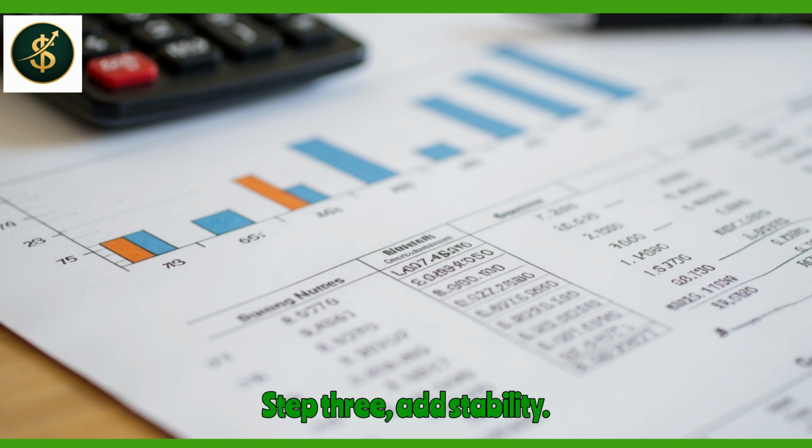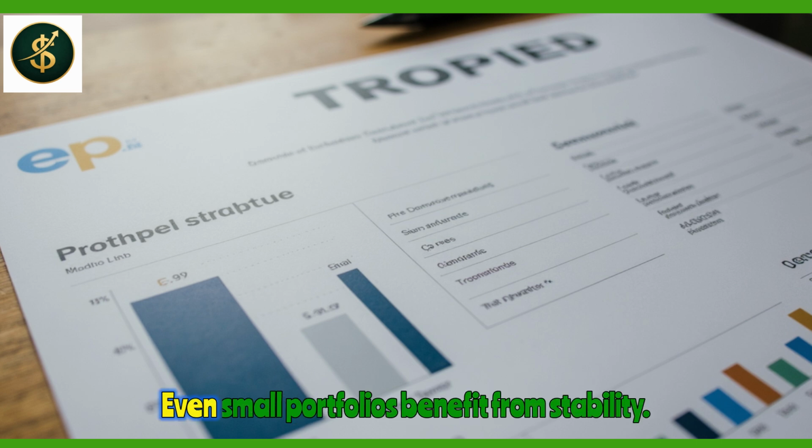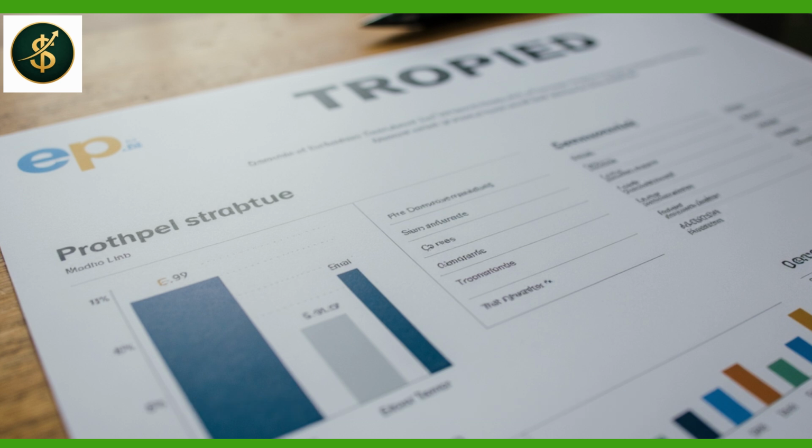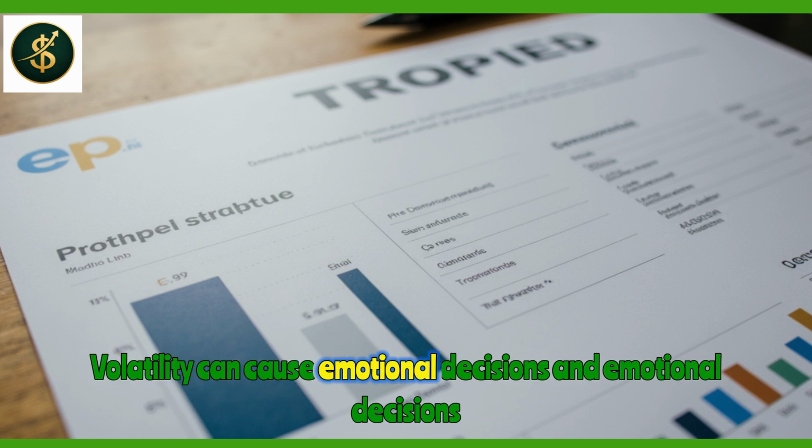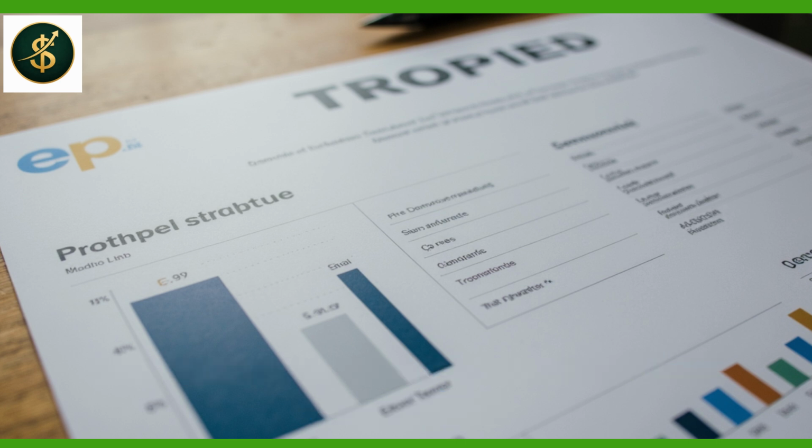Step three, add stability. Even small portfolios benefit from stability. Volatility can cause emotional decisions, and emotional decisions damage returns.